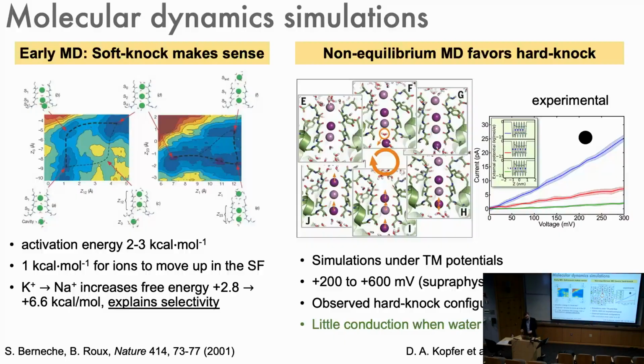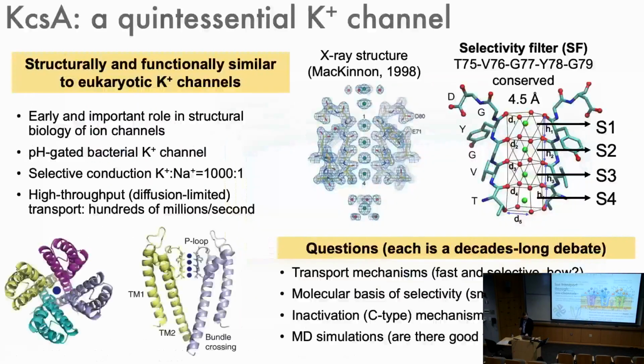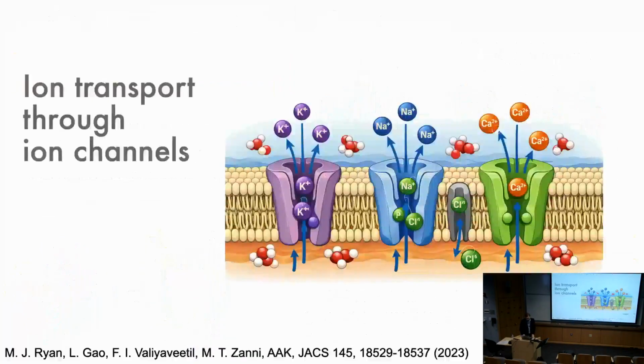Yes, and I need a mic. On the previous slide, you said they do X-ray crystallography. Maybe I'm wrong, but my understanding is that if you want to do X-ray crystallography, you need to be at relatively low temperatures and freeze the sample, right? So how can you observe water going through or not if the water is frozen? You don't observe water going through in X-ray.